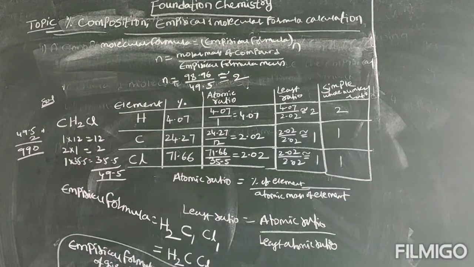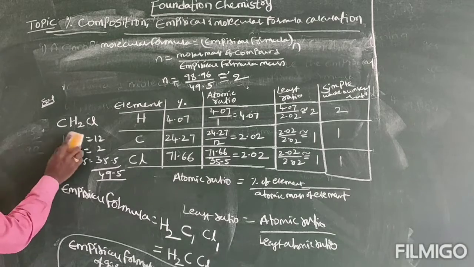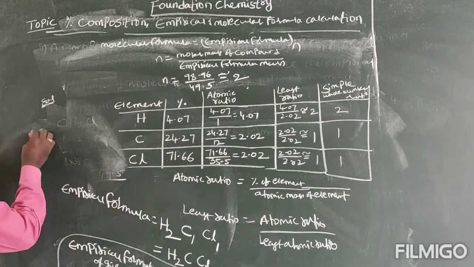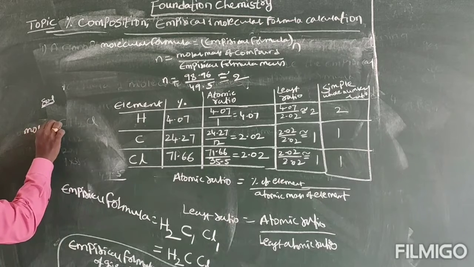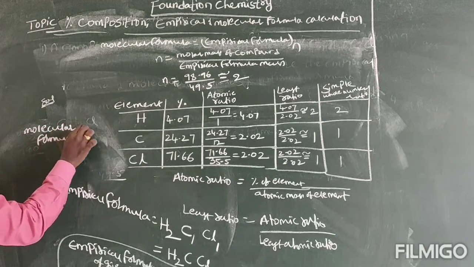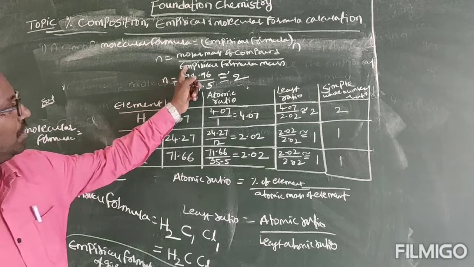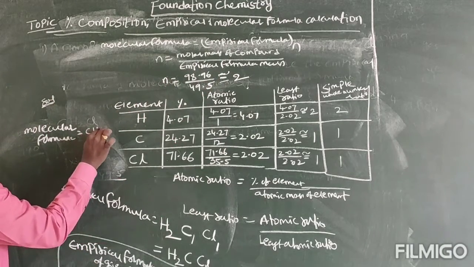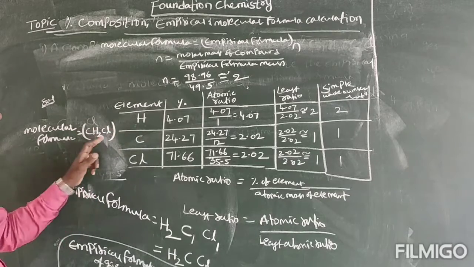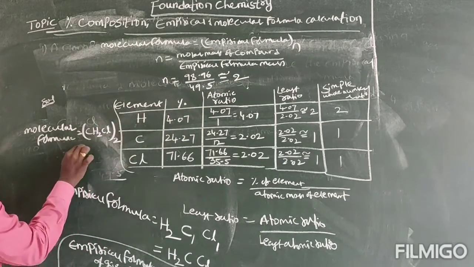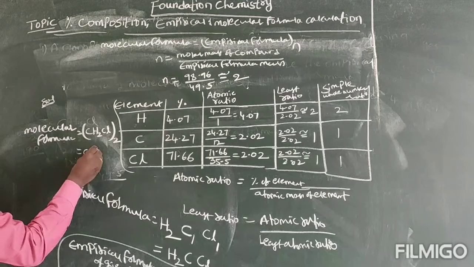So now the molecular formula will be how? So I can write here now molecular formula of the compound. Molecular formula equal to empirical formula. What is the empirical formula? CH to Cl. Take N. N means what? 2. So I can write it as C2H4Cl.